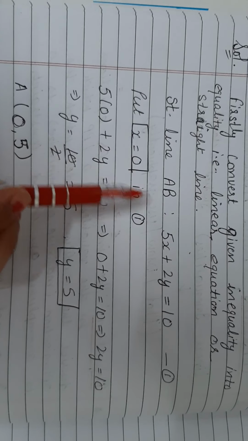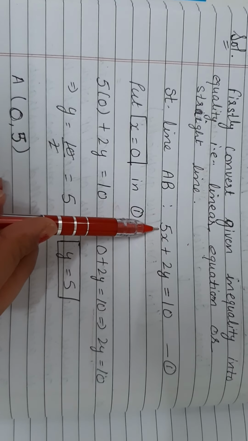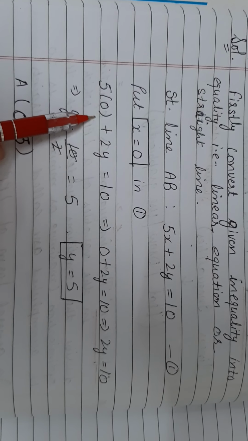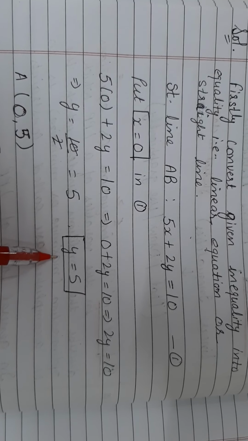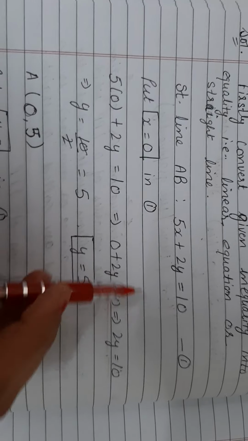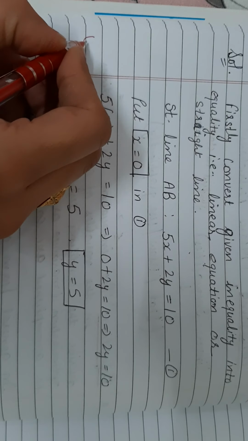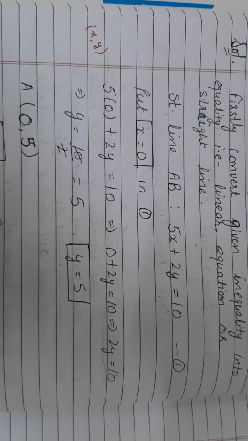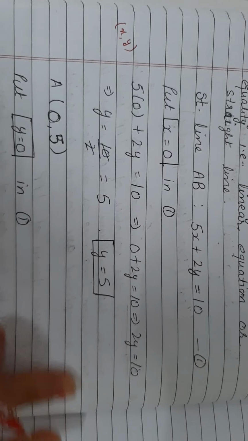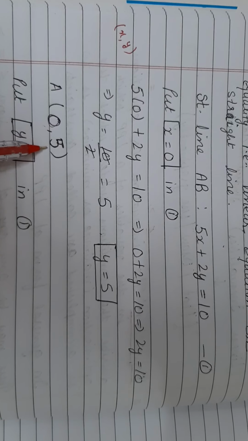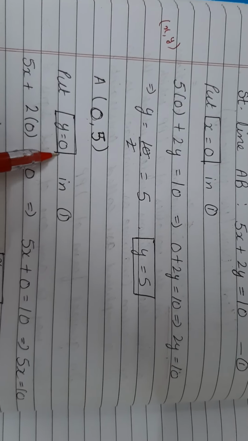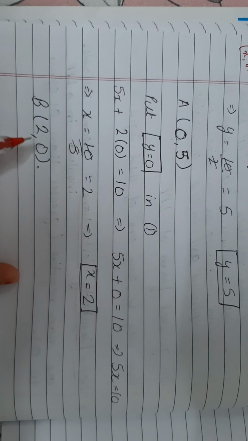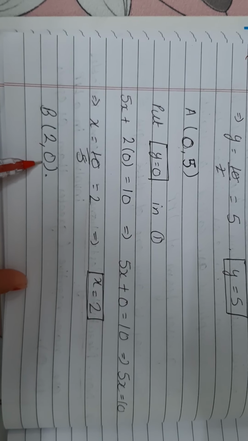Put x equals 0 in this equation, then you will get the value of y. For x equals 0, the value of y is 5. So your point is, as you know, we always write x first and then y in our ordered pair, (0, 5). Now put y equals 0, then you will get x equals 2. Now your B point is (2, 0).